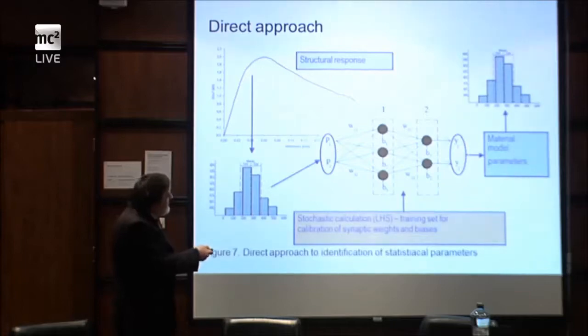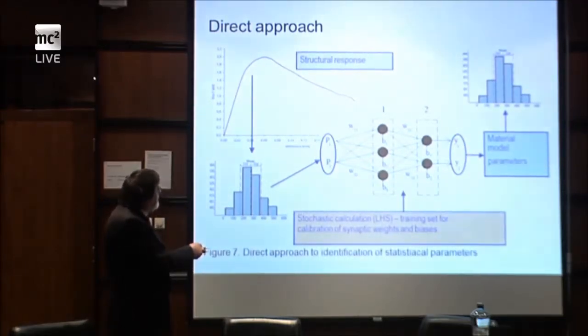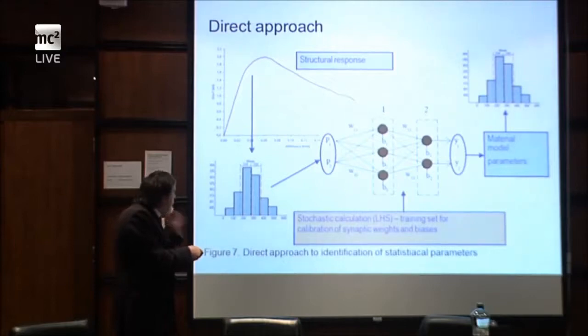To each realization, the finite element method computational model will produce a structure response, okay? And then we have a set of material model parameters, we have a set of structure responses, so an even bundle, and this is the food for training of the networks.